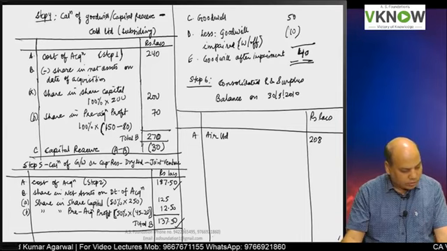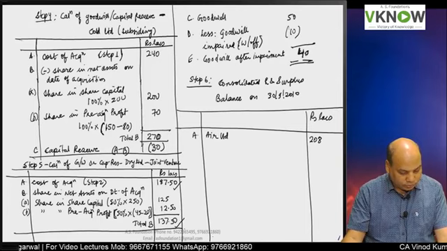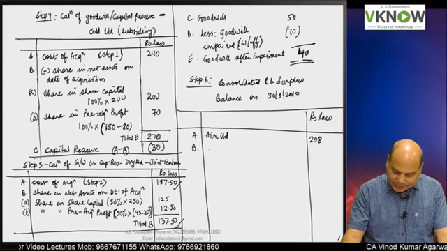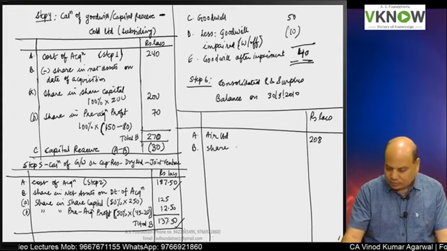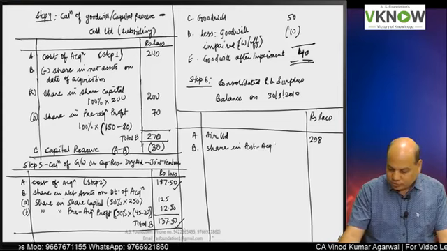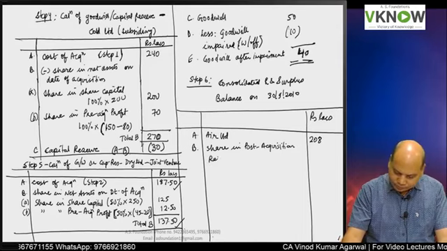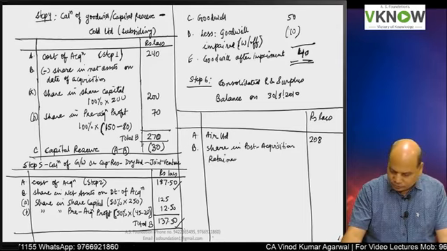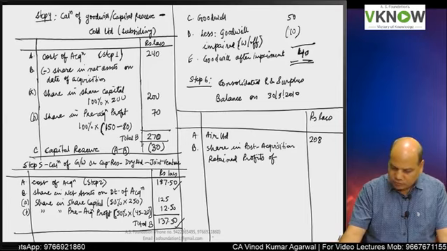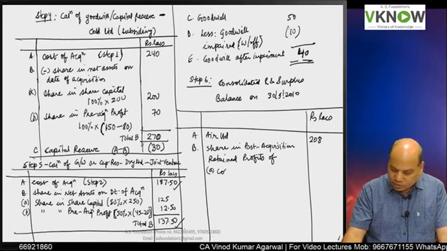Reserve and surplus 208. Then we are going to add share in post acquisition retained profit of Cold Limited.